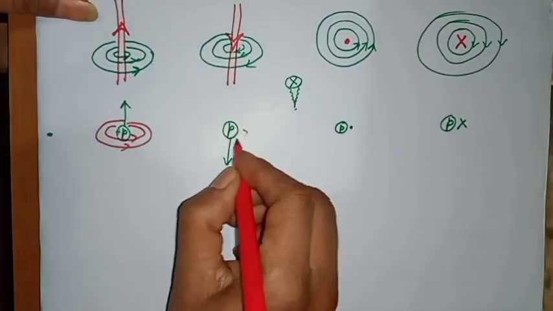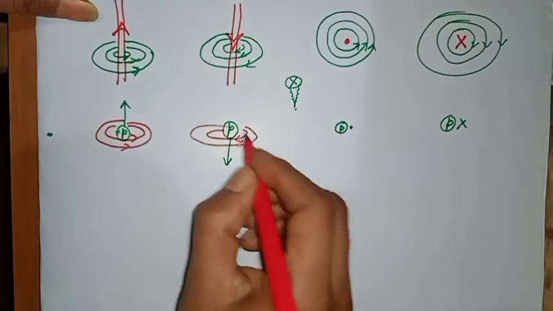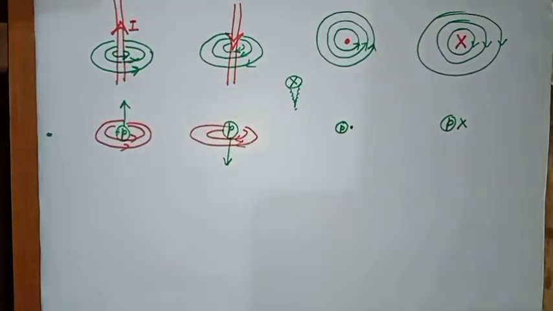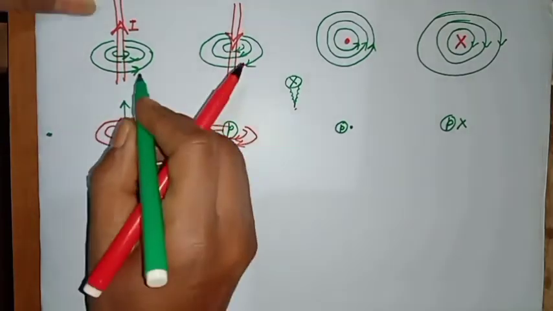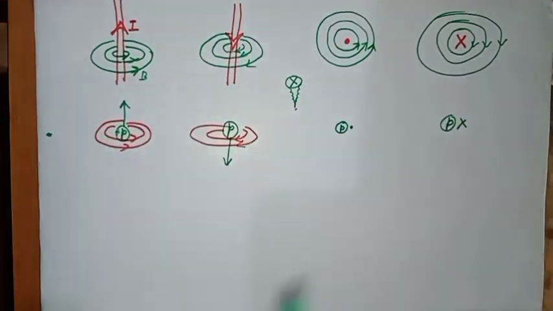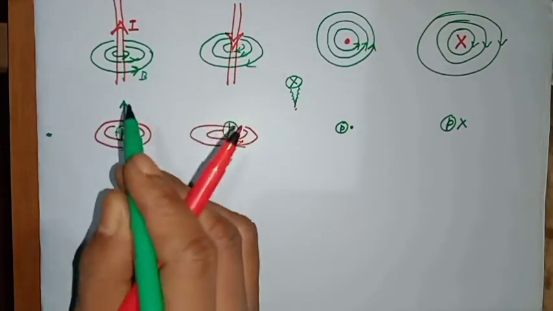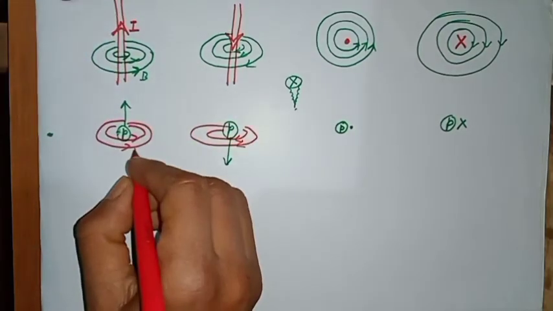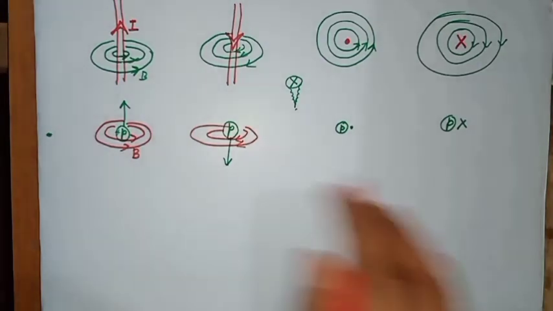And same here. I didn't mention it, green is the positive charge velocity, its motion, and with red, I'm showing magnetic field. So in all the cases.